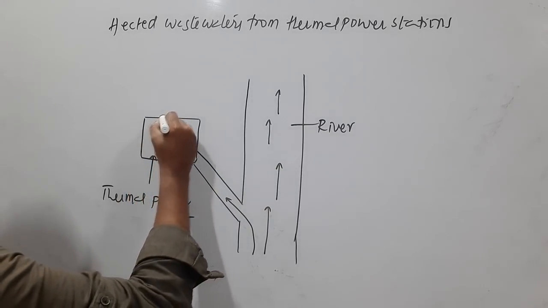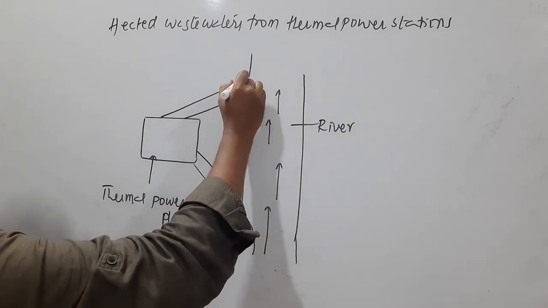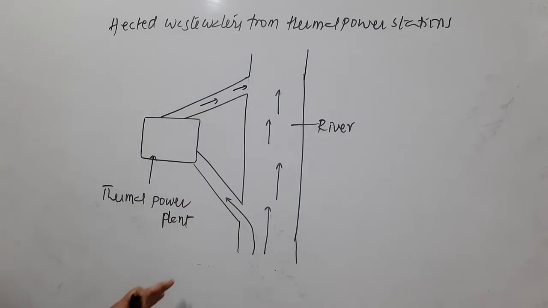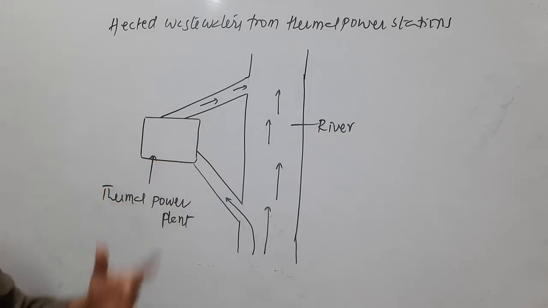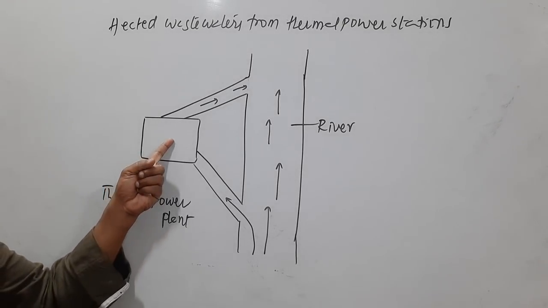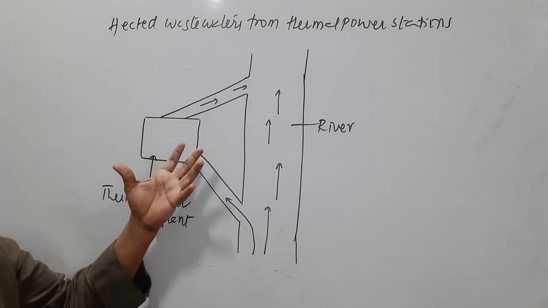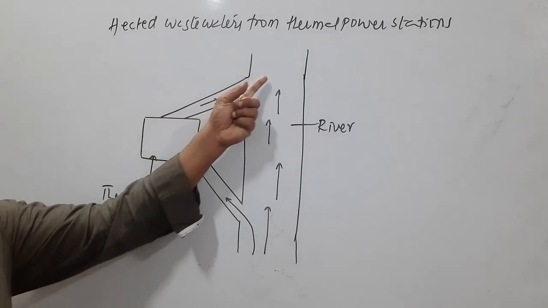And from the power plant, the water is released back into the river. Here the river water will be used to cool down the steam or the boilers, and also for the production of steam. Once that usage of the water is completed, by that time the water will be in a very hot condition, and it will be released back into the river.